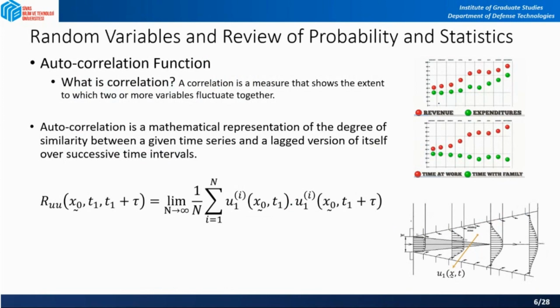That is a positive correlation: one is increasing, the other is increasing. On the other hand, you can have a negative correlation. This happens when one variable increases as the other decreases. The more time, for example, you spend at work, the less time you have to spend with your family. So this is a negative correlation.